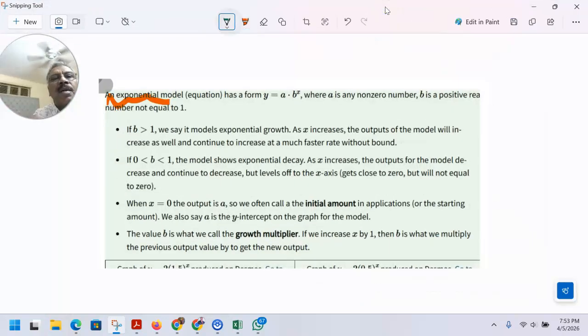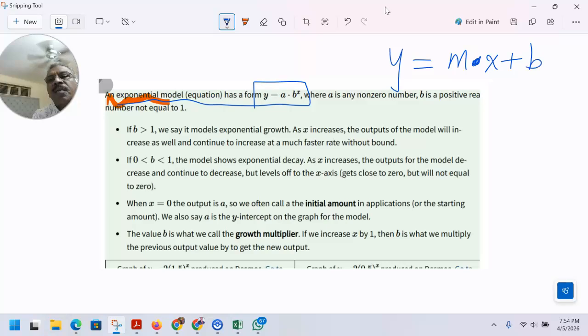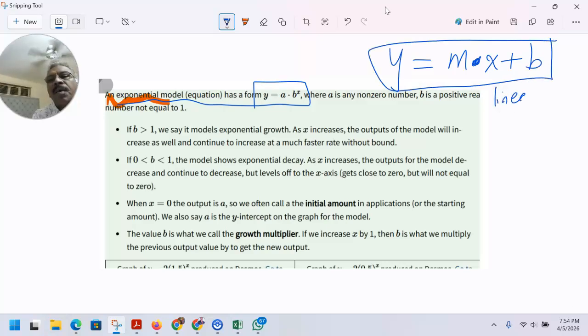An exponential model is of the form y equals a raised to x. The main thing is that last time we saw m times x plus b. That was the linear model. Remember that was the linear model.